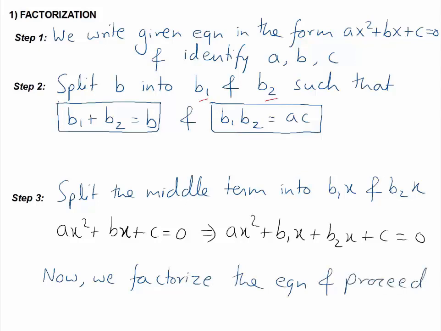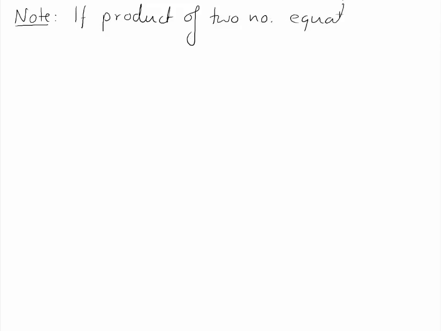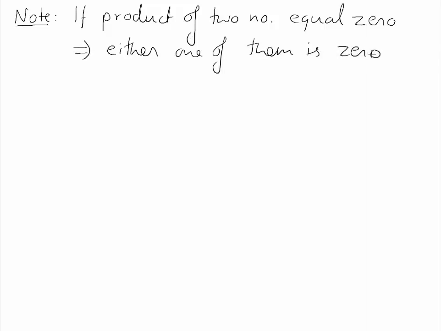Let's understand this by an example. Even before taking an example, let's see one more thing. If the product of two numbers equals 0, it implies either one of them is 0. Meaning, if x multiplied by y equals 0, this implies either x equals 0 or y equals 0.